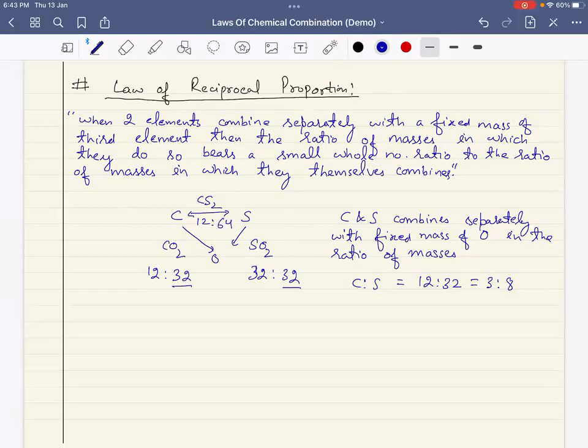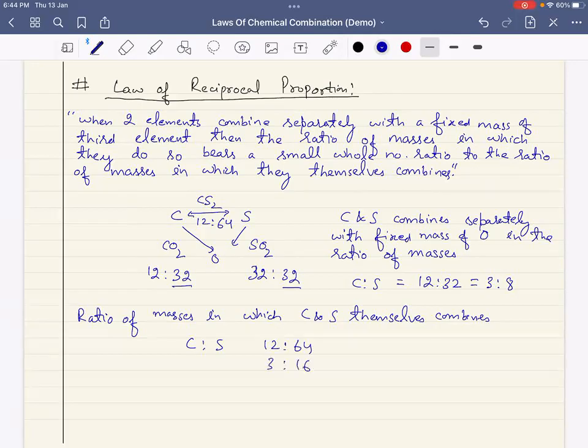So the ratio of masses in which carbon and sulfur themselves combine is 12:64, or we can say 3:16.